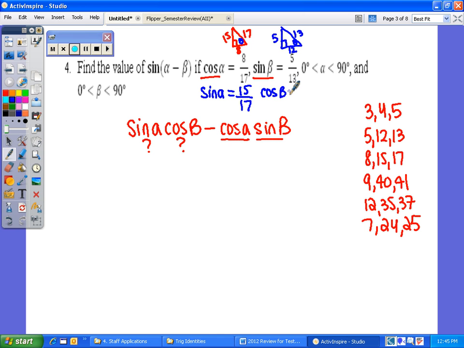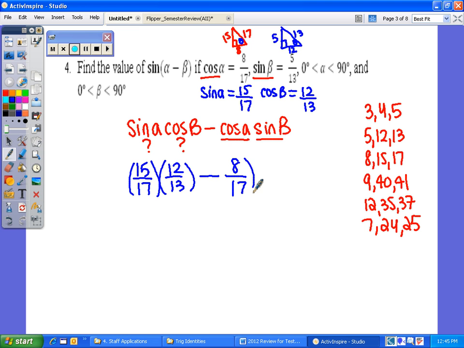So cosine of B is 12 over 13. Now we have these two values, so we're just going to plug them in. Sine of A is 15 over 17. Notice I didn't put any sine or cosine in my answer. Cosine of B is 12 over 13, minus, now I use these two answers, 8 over 17 and 5 over 13.